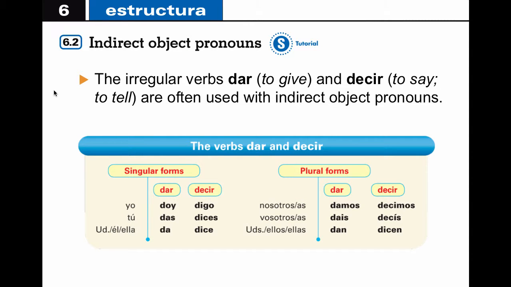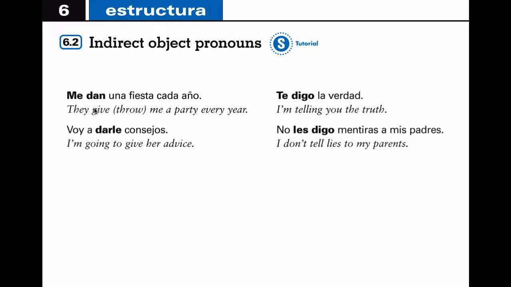The irregular verbs dar and decir are often used with indirect object pronouns. Very, very common. So we have in the present tense here, singular forms of dar and decir, and the plural forms of dar and decir. Okay, just to jog your memory. Me dan una fiesta cada año.